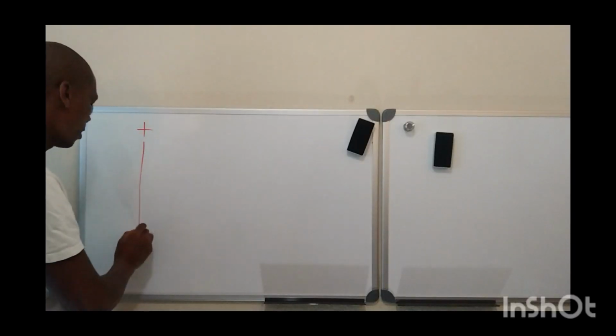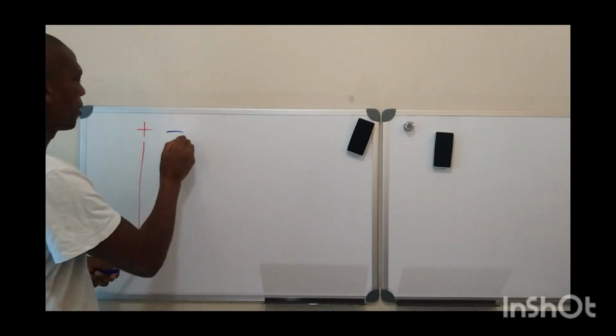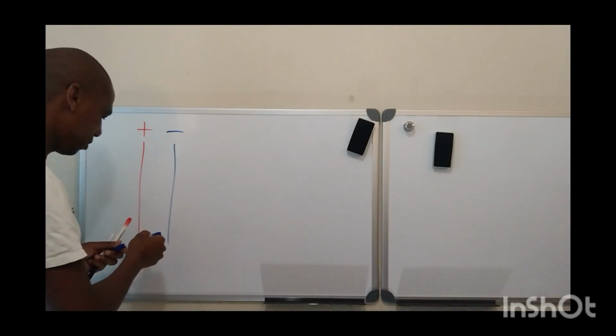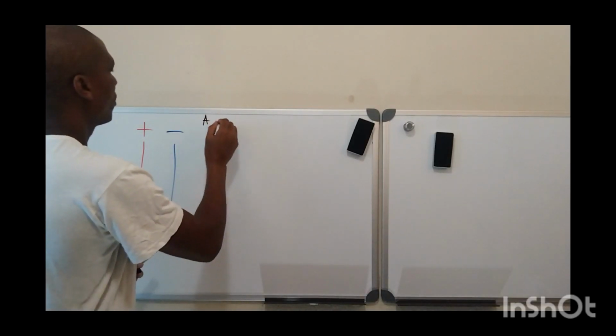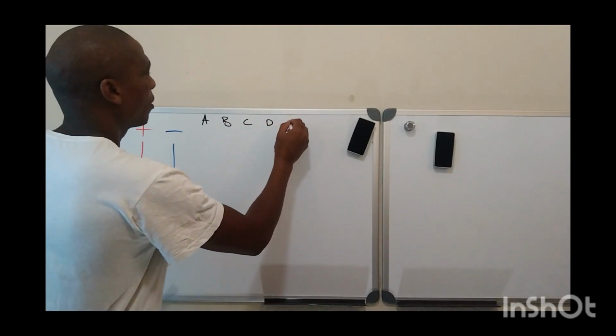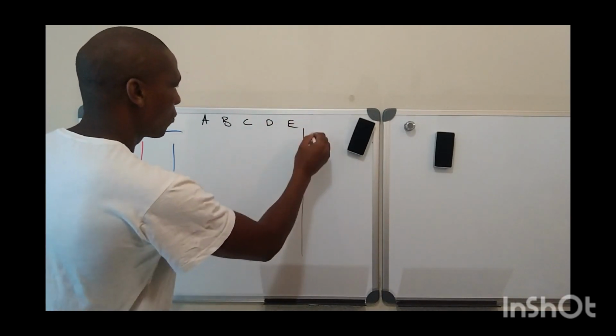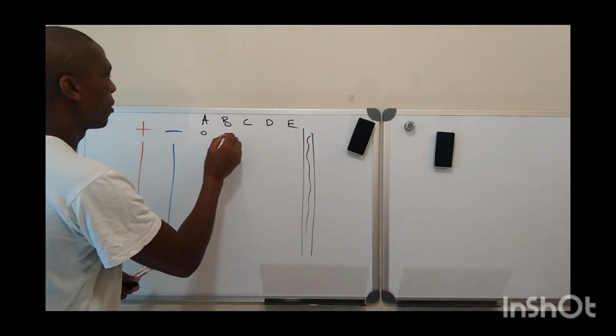Again, this is a positive rail going down. It's a negative rail going down. And here is your A, B, C, D, E. And then here's the groove, right? Yes, sir. And then you have your holes here.